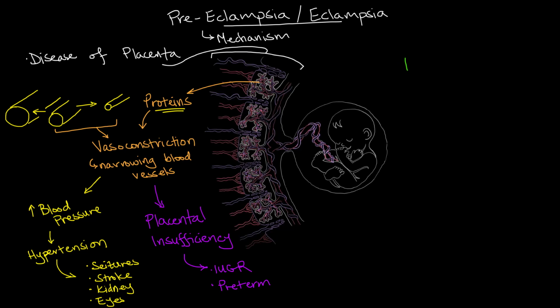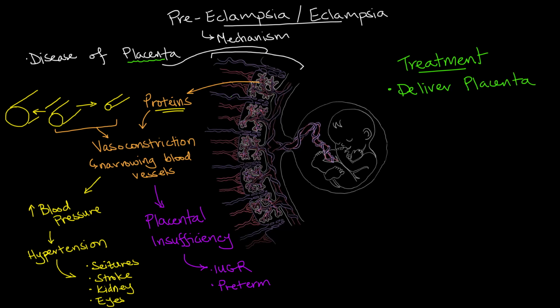Okay, so what are the treatments for preeclampsia? Unfortunately, there's really only one treatment for eclampsia, and we've already discussed that preeclampsia or eclampsia is a disease of the placenta. So the only way to really cure preeclampsia is to deliver the placenta.